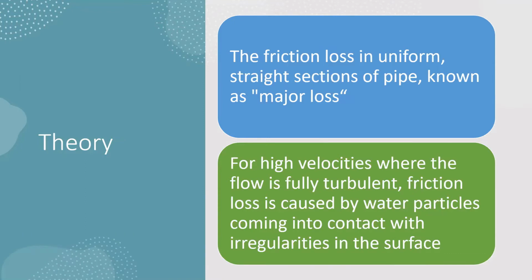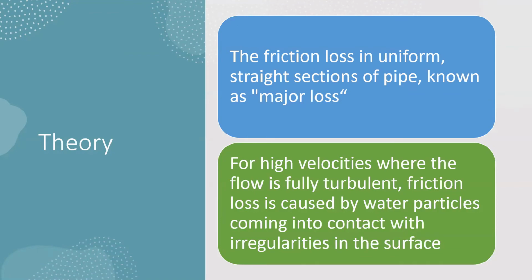The friction loss in uniform straight sections of pipe, known as a major loss, is caused by the effects of viscosity, the movement of fluid molecules against each other or against the wall of the pipe. Here, it is greatly affected by whether the flow is laminar, Reynolds number less than 2000, or turbulent, Reynolds number more than 4000.